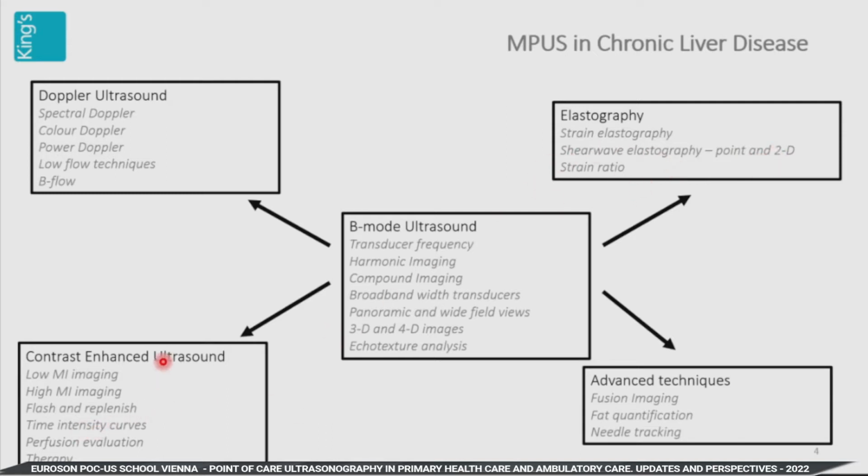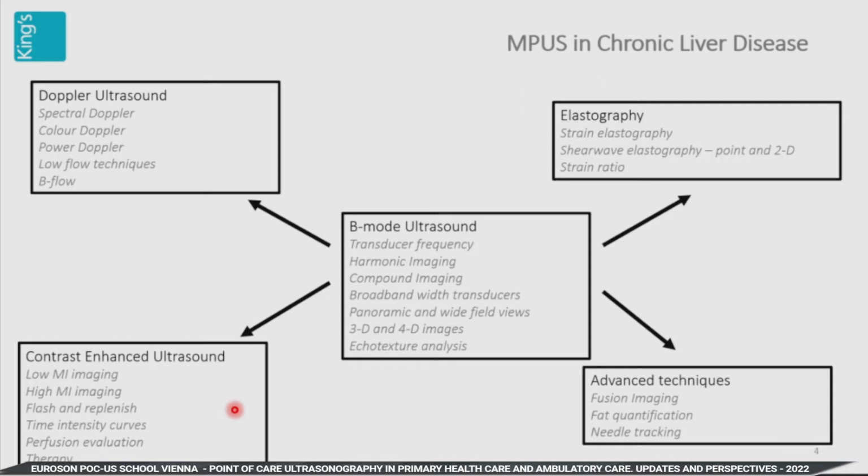Contrast enhanced ultrasound, the low MI imaging, high mechanical index imaging. You can flash and replenish your field of view by bursting all the bubbles. You can look at the time intensity curves, look at perfusion evaluation, and you can use and assess it for therapy. And you can use contrast to deliver gene therapy and chemotherapy as well. So all of this is done under ultrasound.